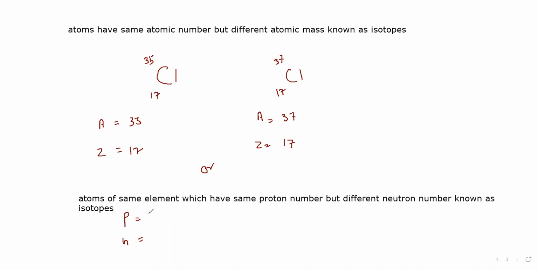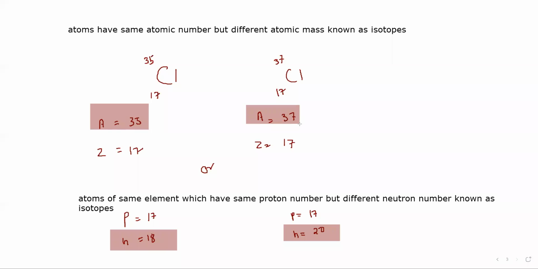And when you check the other one, it has 17 protons, but neutrons, when you take the difference, 37 minus 17, that's equal to 20. So they have the same proton number but different neutron number, we call isotopes. Or same atomic number but different atomic mass, we can also say isotopes.